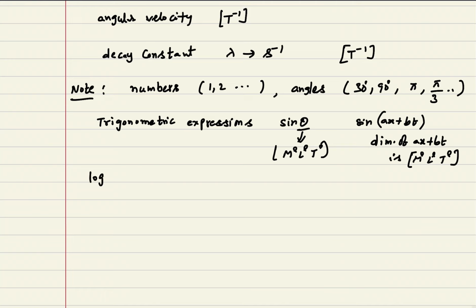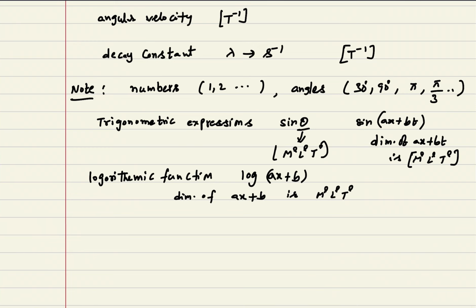Observe this carefully. Trigonometric expressions, logarithmic functions, like log of ax plus b given to you. The dimension of ax plus b is m power 0, l power 0, t power 0.